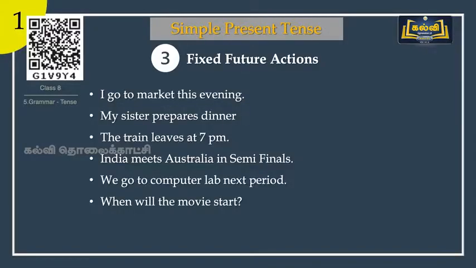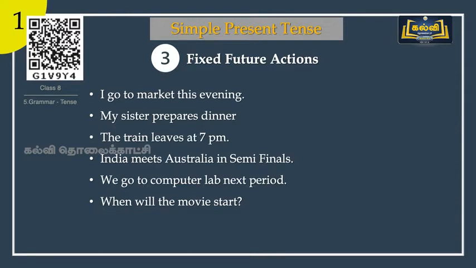To express future event: I go to market this evening, and my sister prepares dinner tonight, and the train leaves at 7 p.m., and India meets Australia in the final.